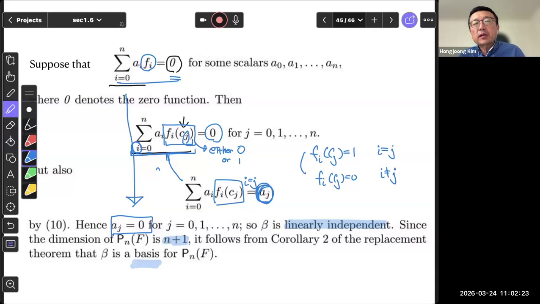Please remember that if the dimension is n plus 1, and if I have a generating set with n plus 1 vectors, it will be a basis. If I have n plus 1 linearly independent vectors, that will be a basis, right? So this set beta is a basis.